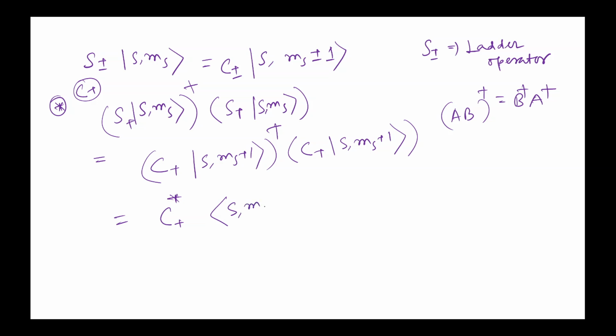So this is <S, ms plus 1|, and here you have |S, ms plus 1>, and I'm writing C plus here. These are normalized, because they are the eigenfunctions of S square and Sz. So this will be 1, so you are left with mod C plus whole square.